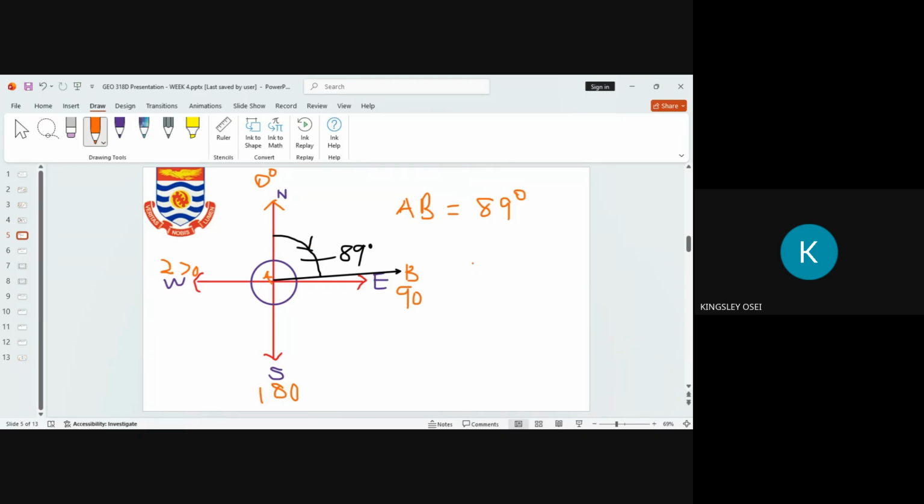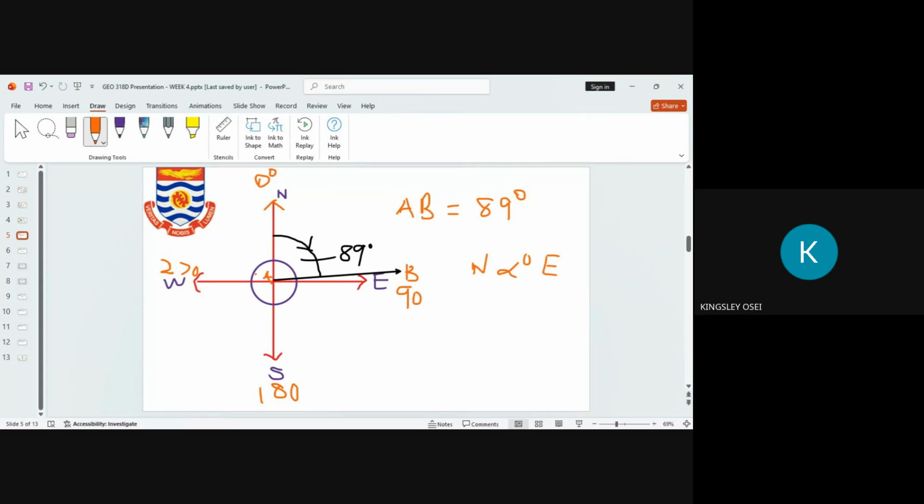North, the angle involved, we are calling it alpha, and then east. We said the angle is reckoned clockwise. So from the north, we have to turn this way. We don't have to turn that way. Turn this way.